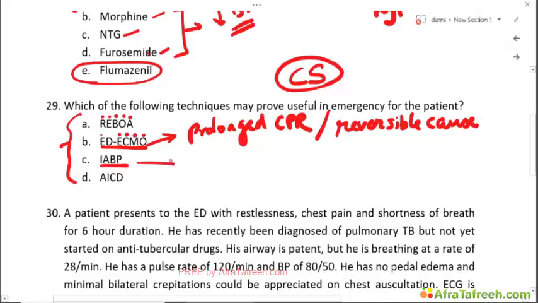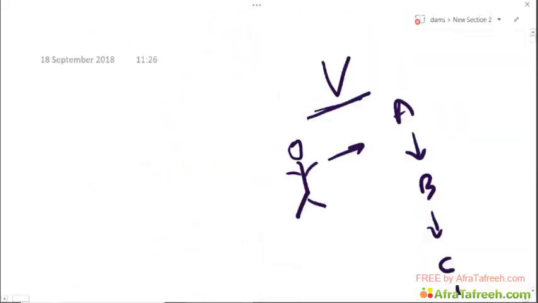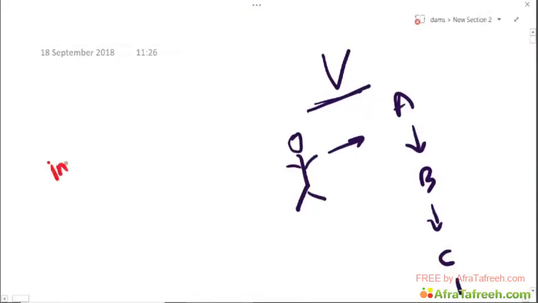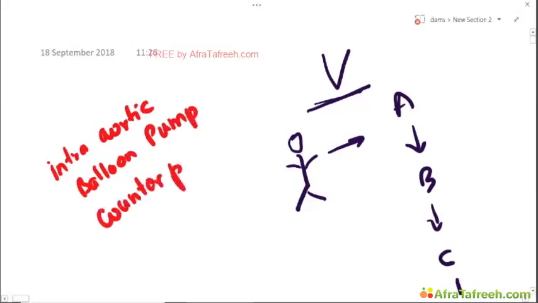Okay, IABP stands for intra-aortic balloon pump counterpulsation. I'll go again. Let's see what this is about. So this is intra-aortic balloon pump counterpulsation.